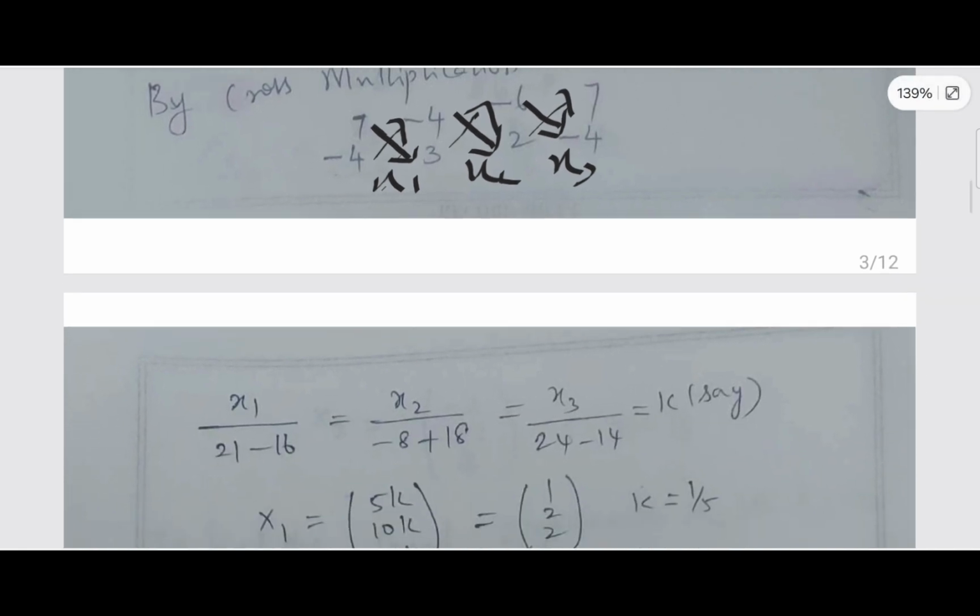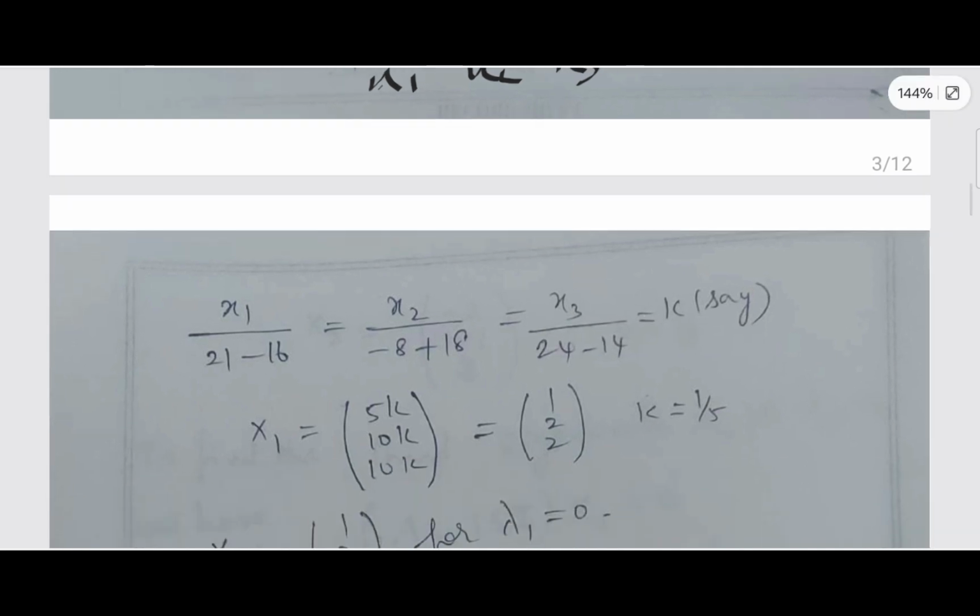See how I have written. x1 divided by 21 minus, it is already minus 4 into minus 4, 16. So I have taken minus 16 by rule. Then 4 into 2, minus 4 into 2, minus 8. Then minus into minus plus 6 into 3 plus 18. Then x3 divided by minus 6 into minus 4, 24. Then 2 into 7, we have 14, minus 14. So let it be equal to k, say.